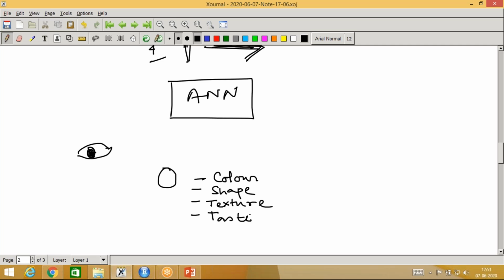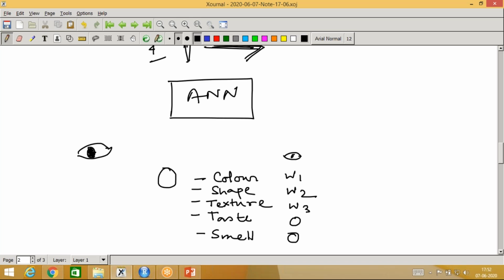Probably some other characteristics are also available. It has a smell. When you see it, the neurons will give some weightage here, some weightage here, some weightage to this one, but probably zero weightage to these two, because our eye cannot check taste and smell.